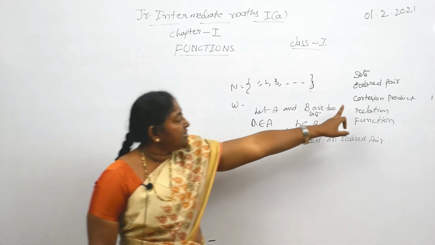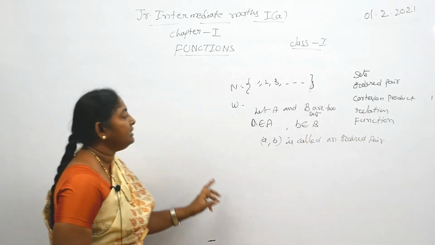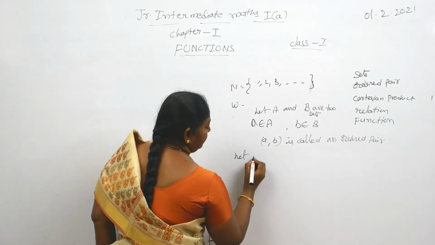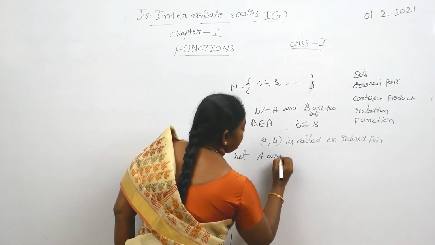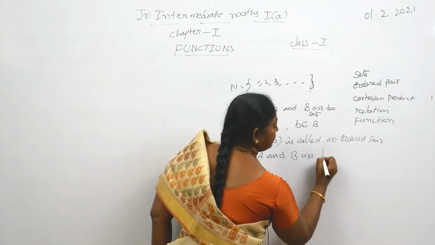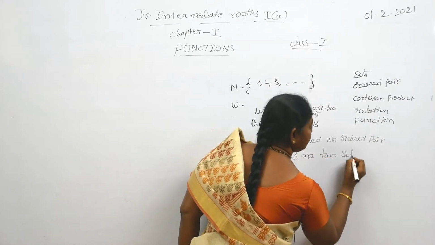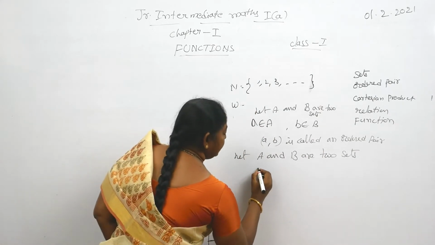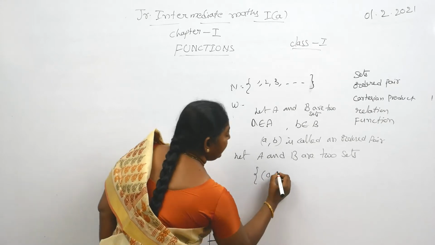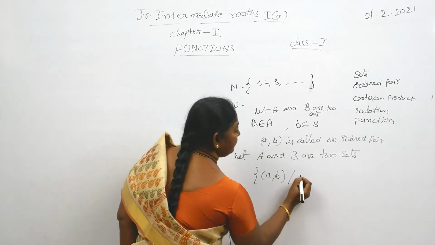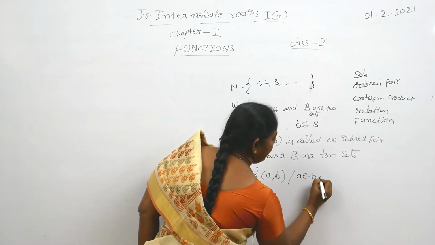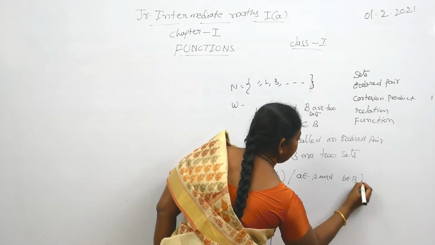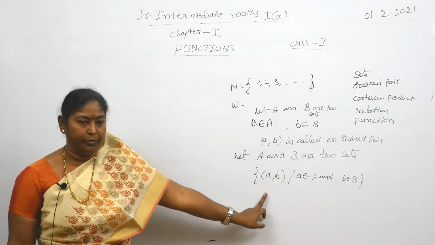Next, Cartesian product. Let A and B be two sets. Then the set of ordered pairs (a, b) such that a belongs to A and b belongs to B is called the Cartesian product.